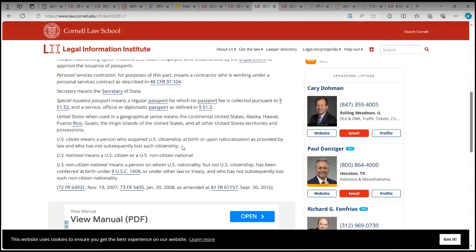So the question I asked at the very beginning: who is eligible to receive and apply for a passport? A U.S. citizen and a U.S. non-citizen national.